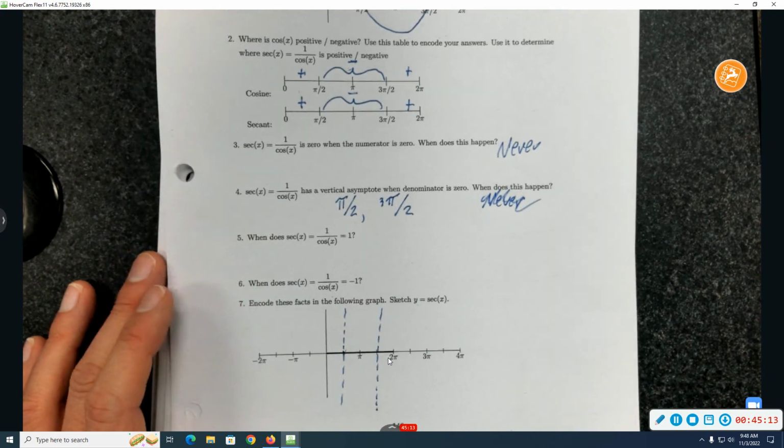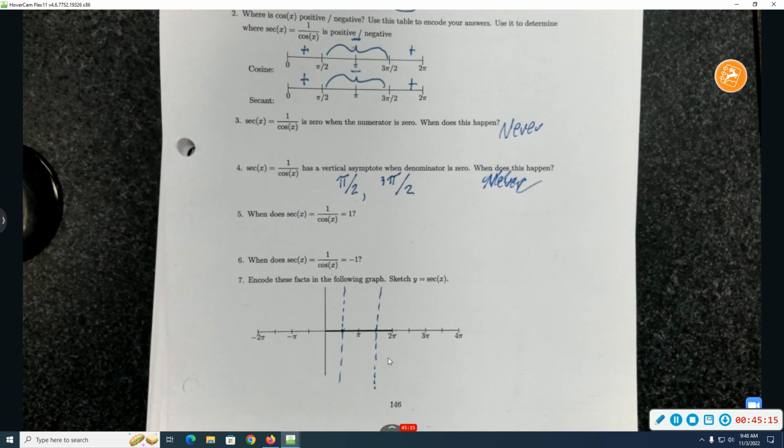And I don't have any given values because there were no x-intercepts to work with this time. So instead I'll think about extreme values. I'll think about what's the smallest this could be by thinking about what's the biggest that cosine could be. What's the maximum value of cosine? 1. So if cosine maxes out at 1, secant should minimize out at 1, up to some issue with positive or negative signs.